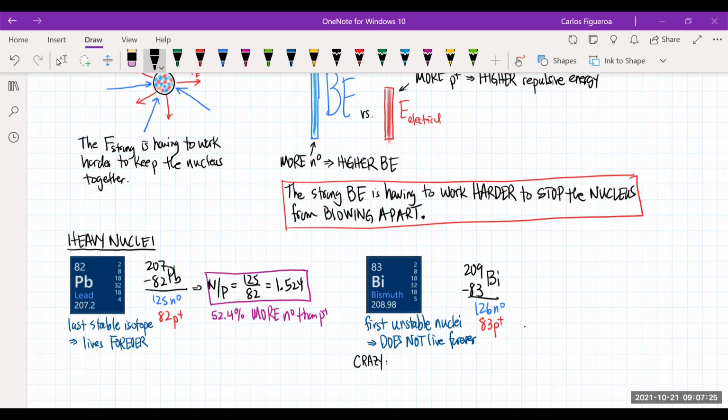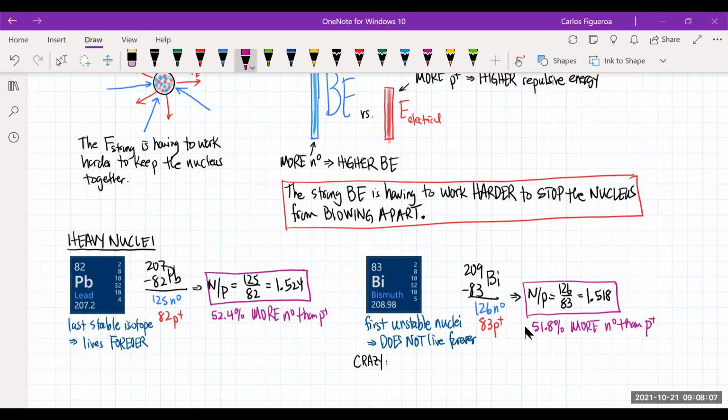So when I look at this ratio, the NP value is 126 over 83, which gives me 1.518. And look at the number, 51.8% more neutrons than protons. So what's crazy about this?